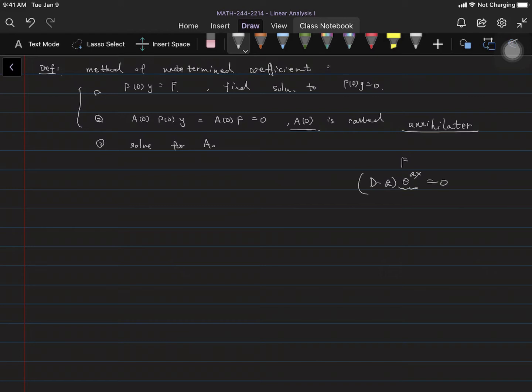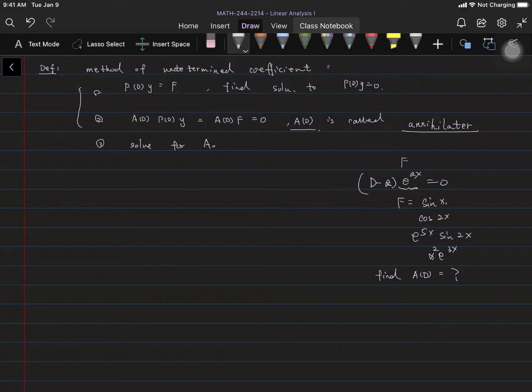But for the right side, sometimes it may be some other form, maybe like e to the x sine or cosine 2x, or e to the 5x sine 2x, that kind of thing. Or x squared e to the 3x. So if the right side equals those kinds of functions, how to find the annihilator? Okay, so that's the next thing we are going to do.